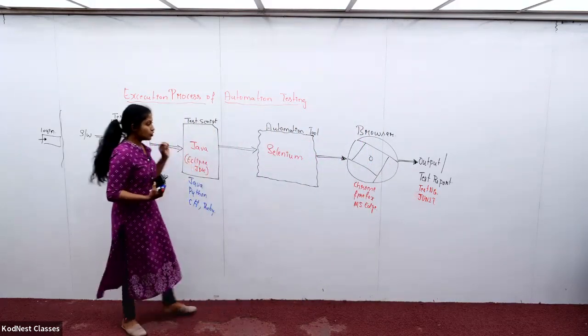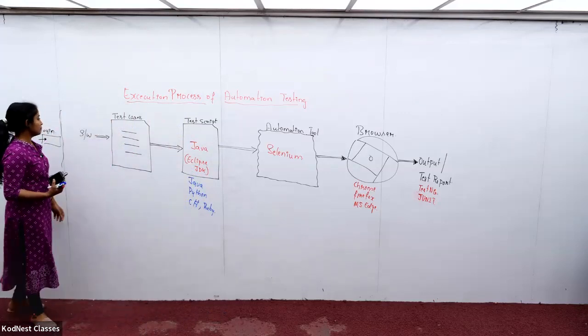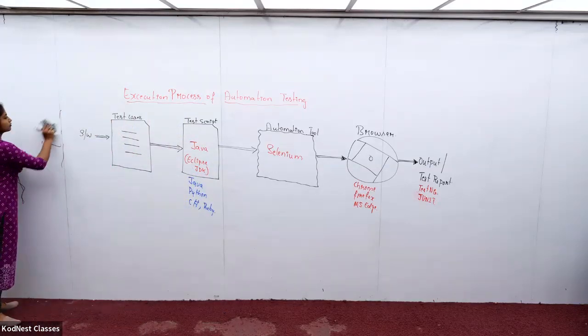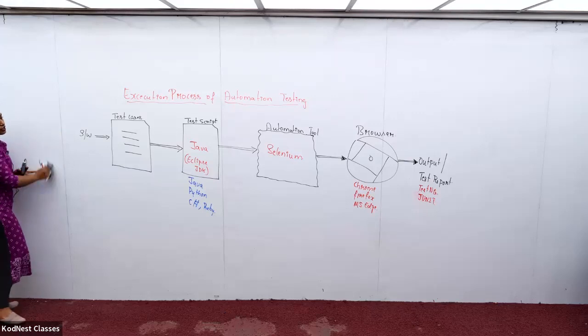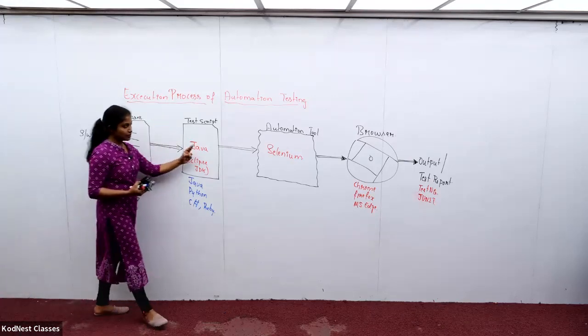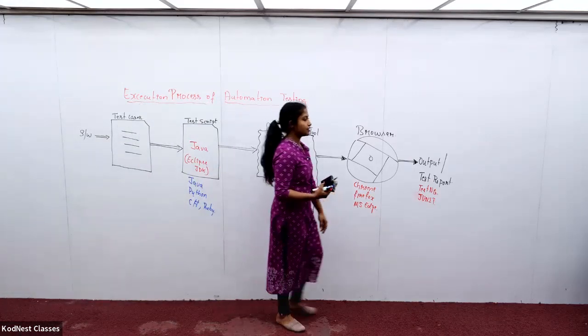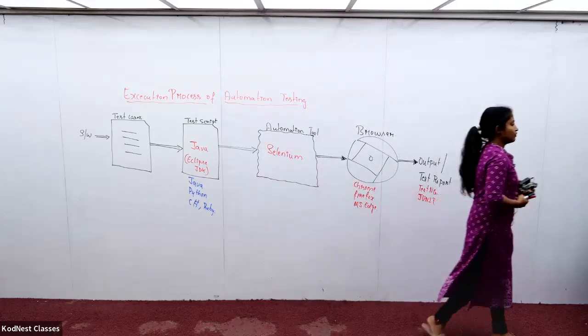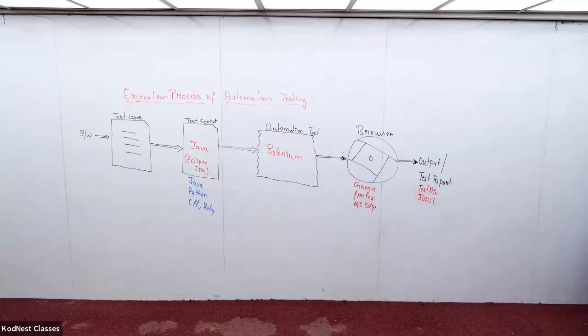Clear? So just take note of this completely. This is the process. So now we have to start with this, and this. Test cases. Yes, we'll be writing the test cases also.